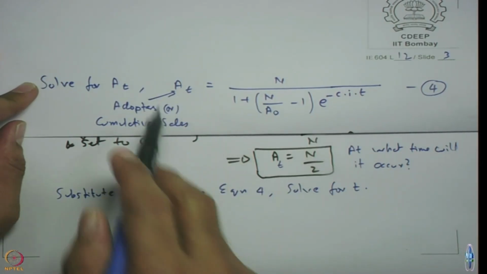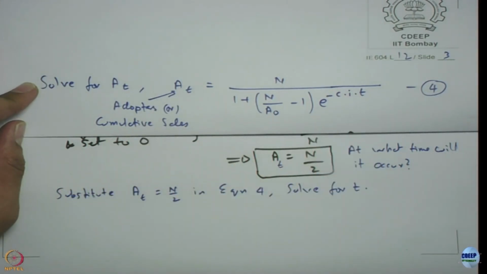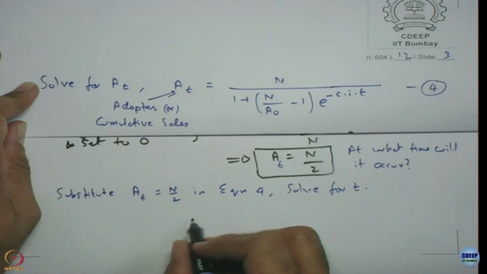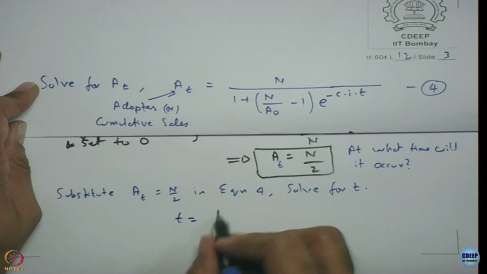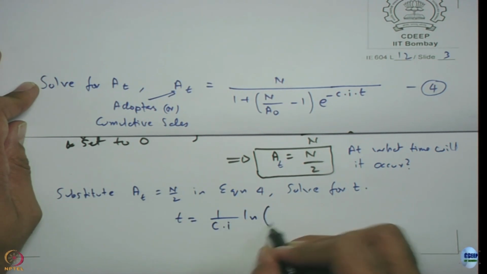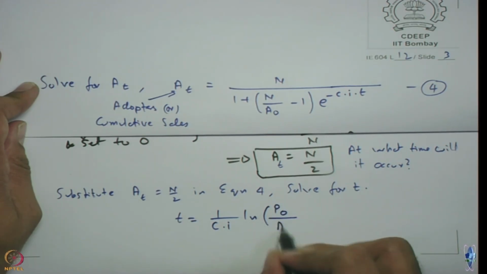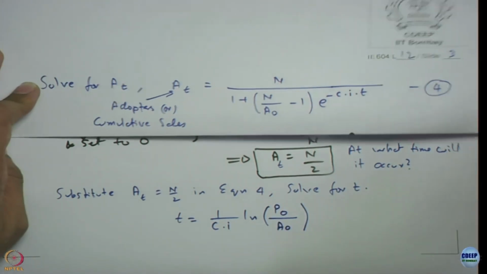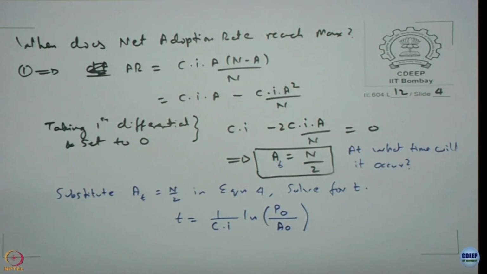Substitute AT is equal to N by 2, solve it for t, and you will get t is equal to 1 by C into I times the logarithm of P naught by A naught. So, this is the time at which it is going to hit the maximum.